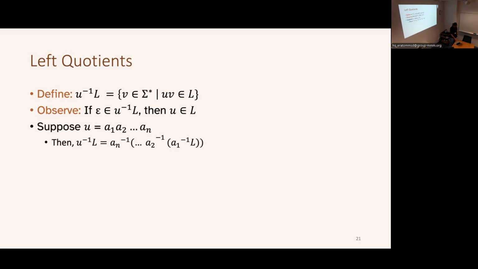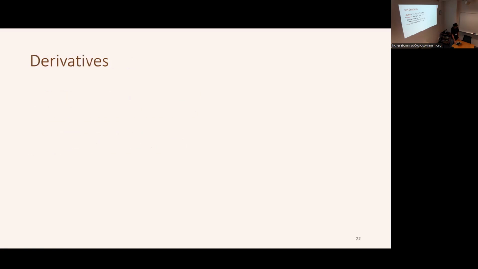And if U is A1, A2 up to AN, then there is some way to compute the derivative letter by letter. So computing these inverses letter by letter is a way for me to define the derivative by U. And also we know from some automata theory that if L is regular, so is this particular object.